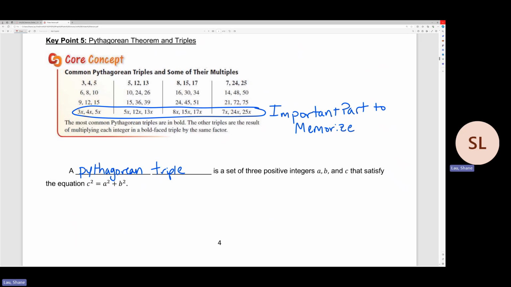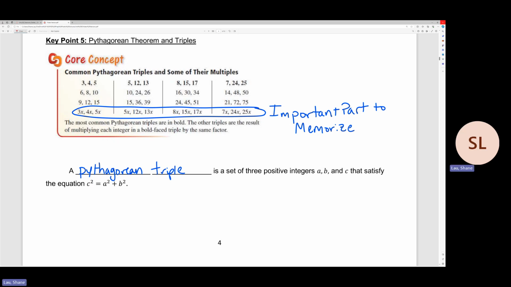Whenever we do the Pythagorean theorem, they actually equal whole numbers rather than a decimal or a radical. So this is really nice for us to know, because if we can recognize that these are Pythagorean triples, we know exactly what that value should be in comparison to trying to figure it out with Pythagorean theorem. And so you should have that blank there, Pythagorean triple.